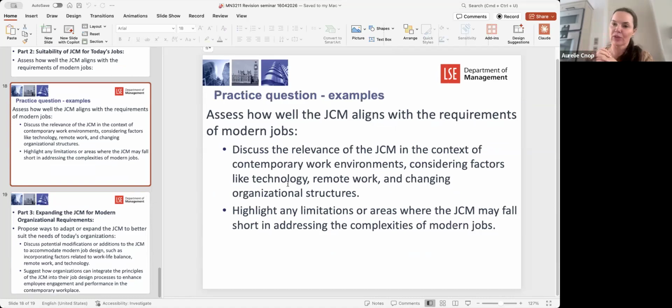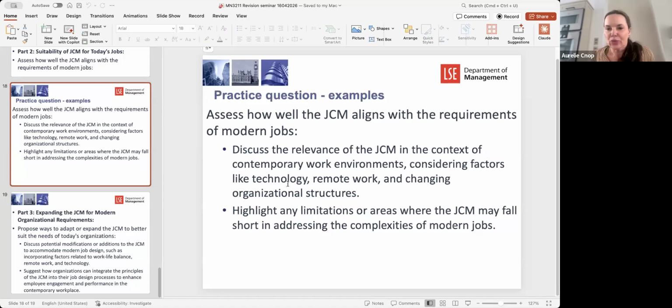Now you have different elements, and that's where, of course, answers can be very different. You have different elements in today's work that are different from yesterday's work. So you can look at technology, you can look at remote working, you can look at boundaryless careers, you can look at generational elements.